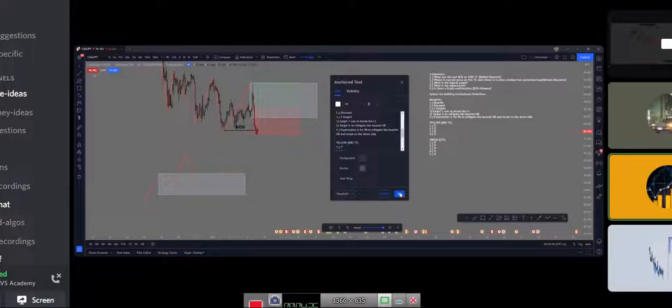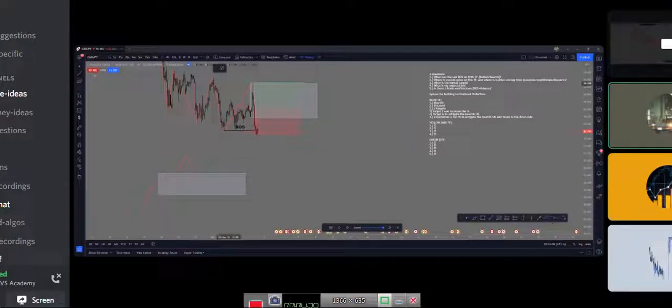I usually try to map this out too. So this is my expectation. Something could be the 50 and that's it. We want this break of structure if price is on a bearish trend.